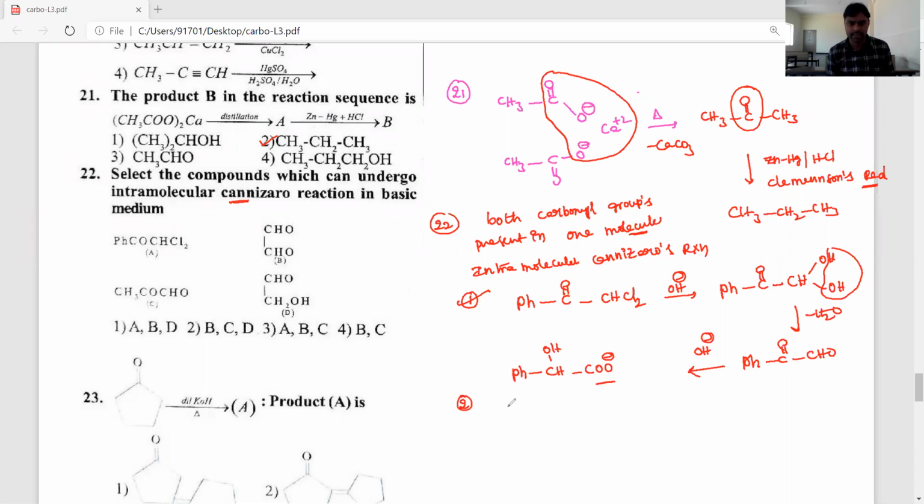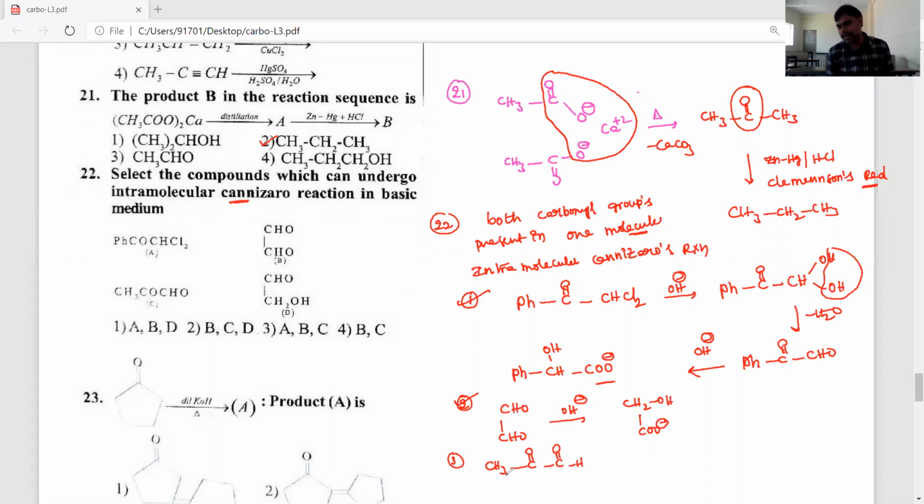The second option, let's see, CHO and CHO. There are no alpha hydrogens and two carbonyl groups are present, and one carbonyl group is converted into alcohol. The other one is converted into carboxylate ion. So the second one is also involved in intramolecular reaction. The third one is CH3 C double bond O CHO.